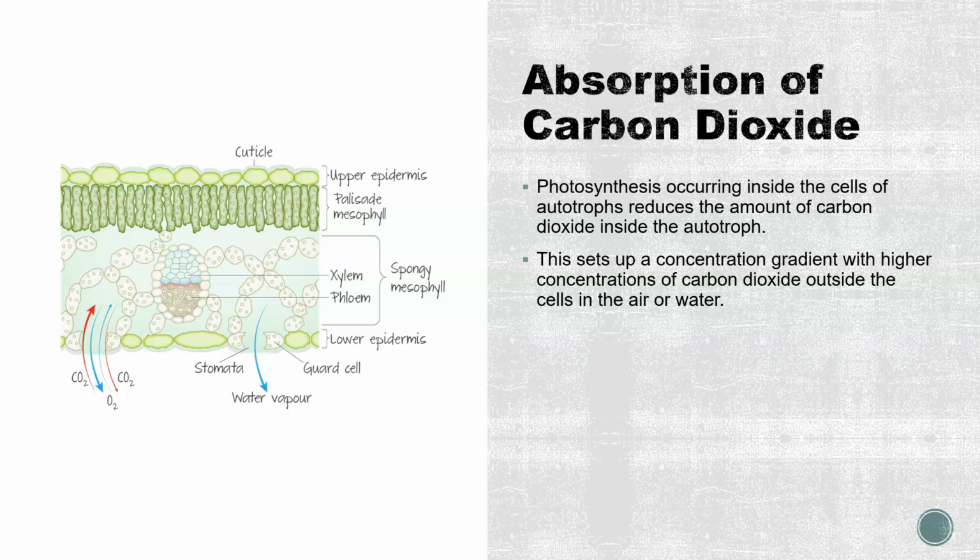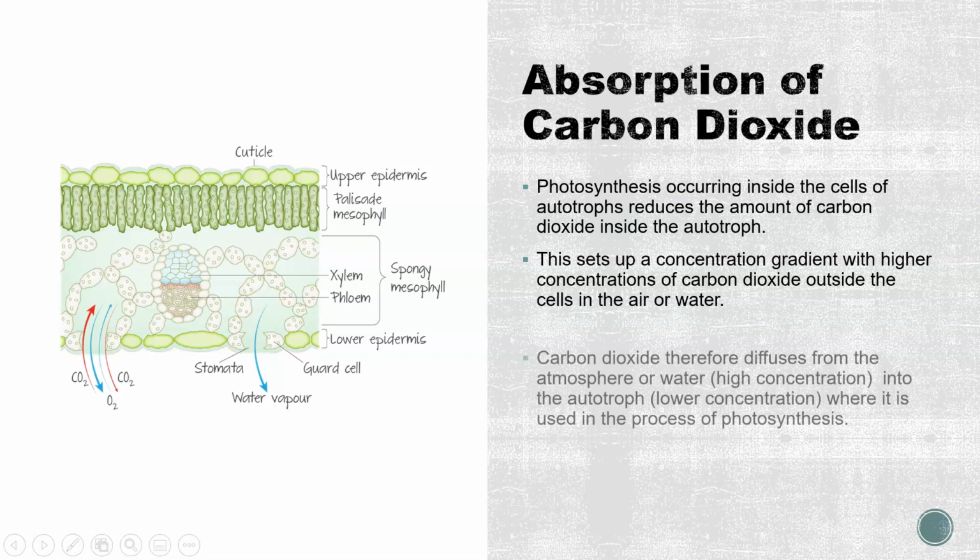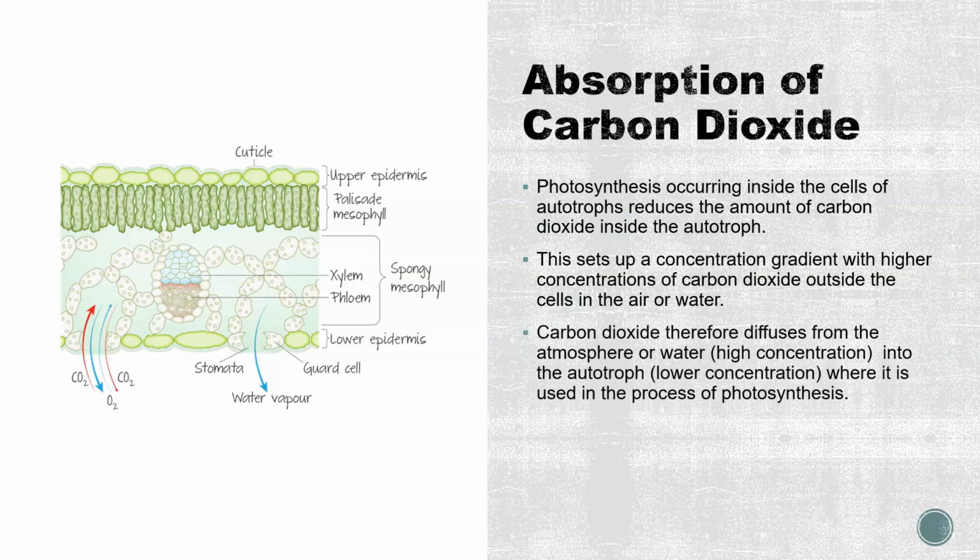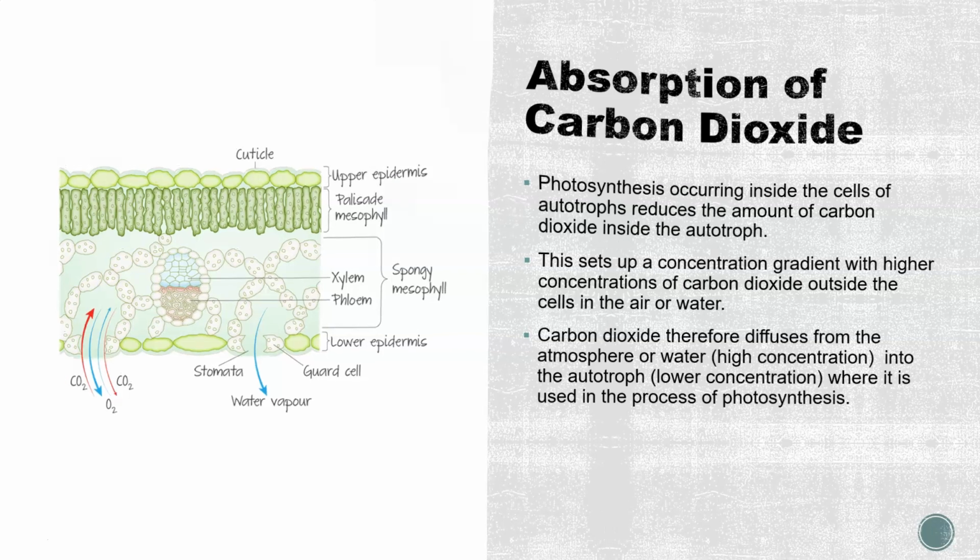This sets up what we call a concentration gradient, with higher concentrations of carbon dioxide outside the cells in the air or the water, whatever is surrounding the cells. Carbon dioxide can therefore diffuse. It's a small molecule, so it diffuses from the atmosphere or water, which is a high concentration, into the autotroph, which has a lower concentration. Remember these concentration gradients that we talked about in the previous unit. Once in the autotroph, it's then used for photosynthesis.